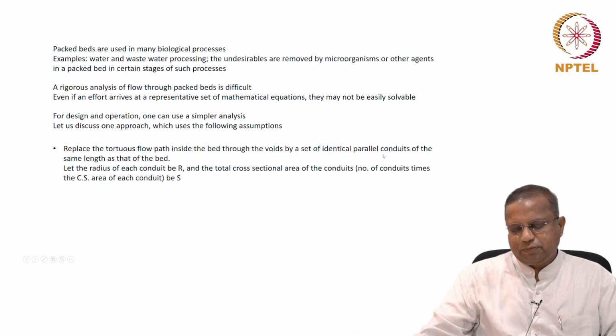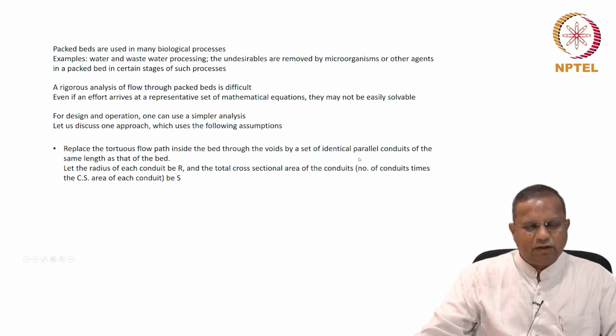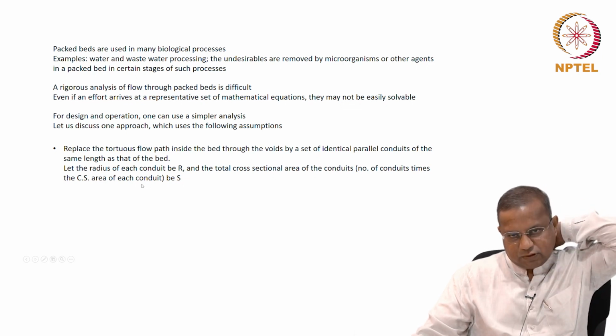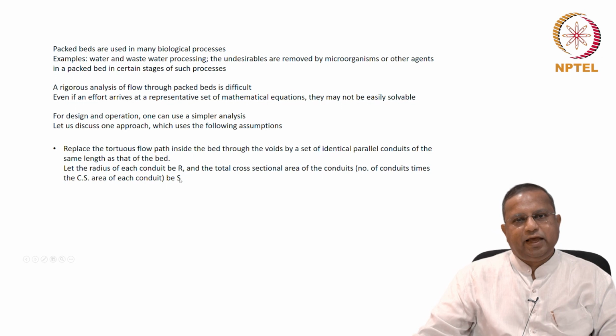Usually cylindrical, identical parallel conduits of the same length as that of the bed. Let the radius of each conduit be r. The total cross-sectional area of the conduits is the number of conduits times the cross-sectional area for each conduit. That we'll take to be S.